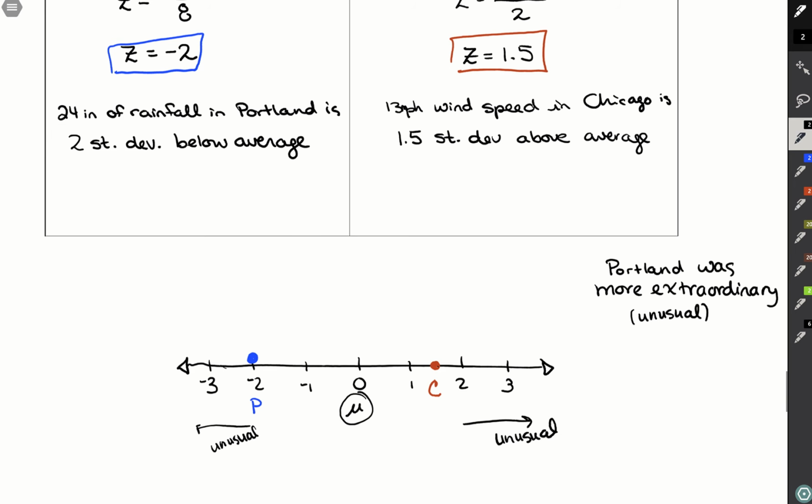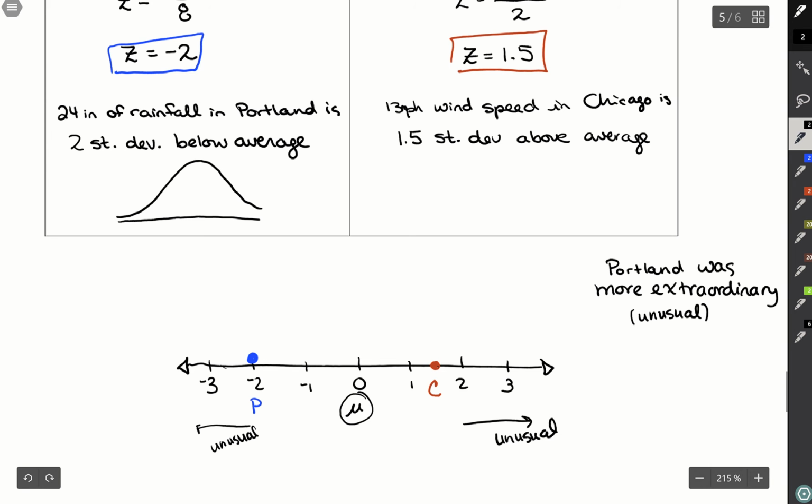Something that happens with this number line, and it's kind of happening separately with these two cases, these are normally distributed events, so they have these 2 separate number lines. This one is centered at 40, using a standard deviation of 8. This one's centered at 10, using a standard deviation of 2. So we have these 2 totally different number lines, but we get to combine them onto this single number line.